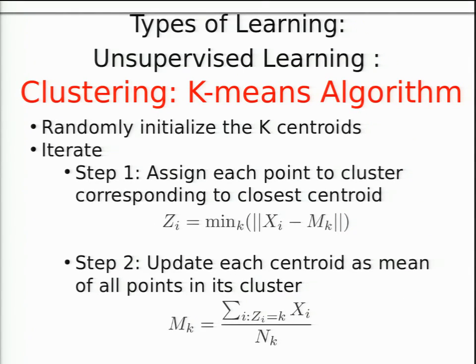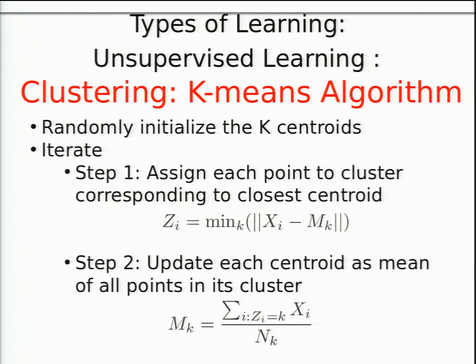In the k-means algorithm, we randomly initialize some k points as the cluster centers to begin with. Iteratively we do the following. In step 1, we assign each point to the cluster corresponding to the closest centroid. In the second step, we update each centroid as the mean of all points in the cluster.